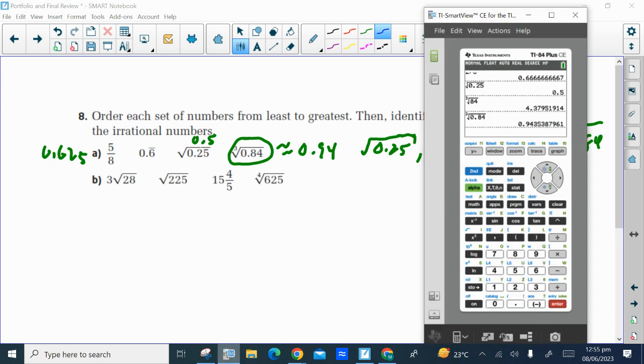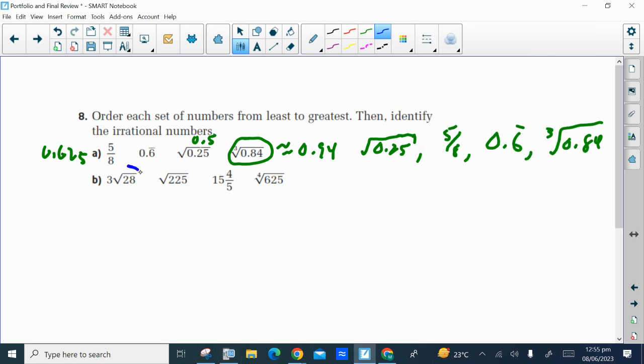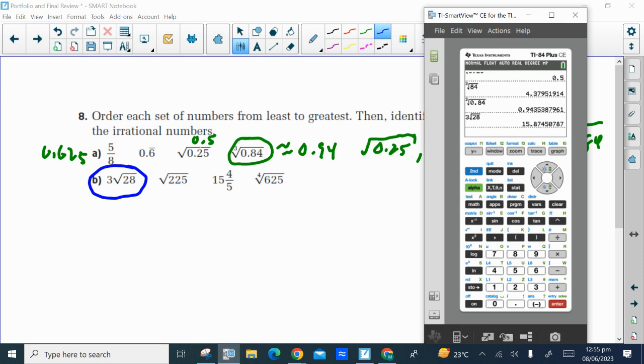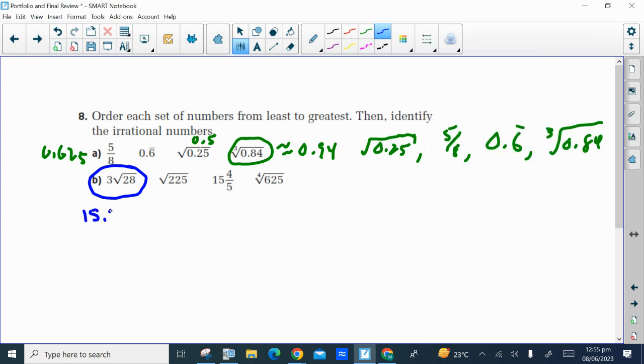Question B, 3 root 28. That is an irrational number because 28 is not a perfect square. So this is irrational. And again, its value is approximately 15.87. The square root of 225 is exactly 15. So it is rational. The next number, 15 and 4/5, that's 15.8.